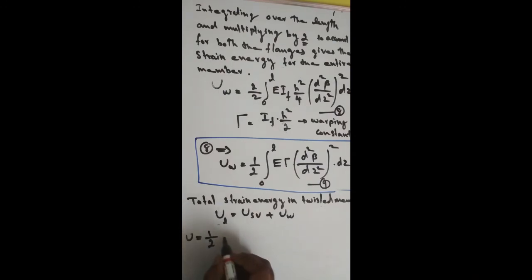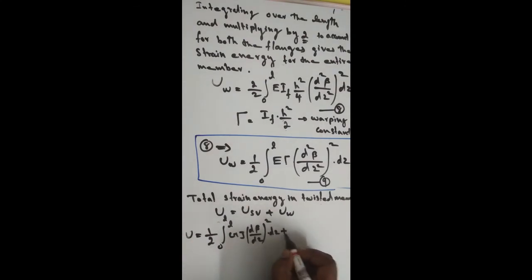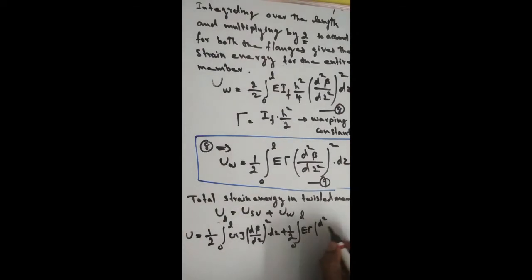Now U is equal to 1 by 2 into integral from 0 to L of G J, the torsional rigidity, into d beta divided by dz, the whole square, into dz, that is St. Venant's torsion, plus 1 by 2 into integral from 0 to L of E gamma into d squared beta divided by dz square, the whole square into dz.